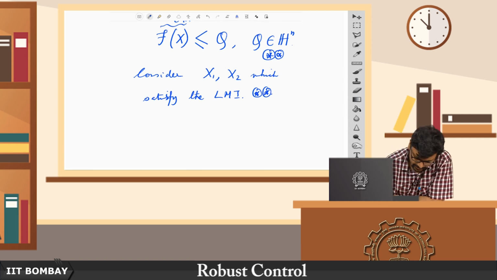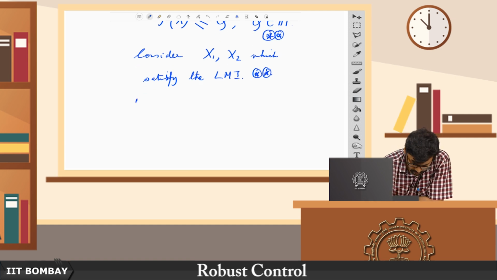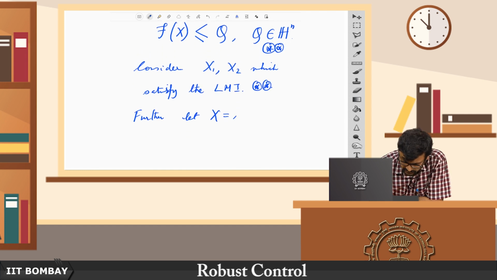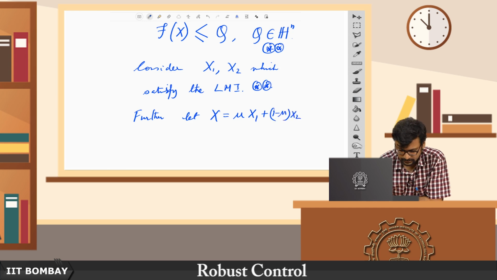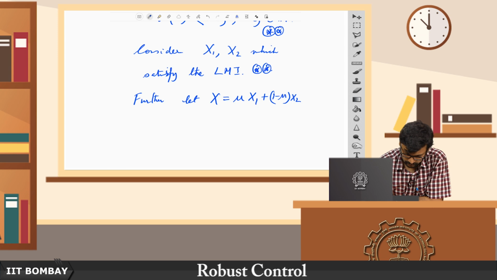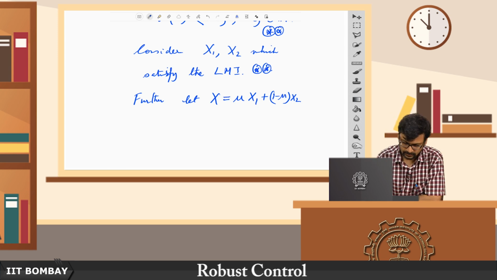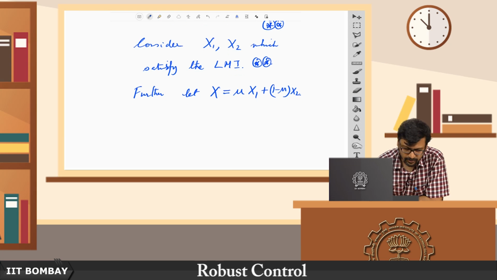Then further, let x be equal to mu x1 plus 1 minus mu times x2. Let us suppose that this is the way we have defined this x.